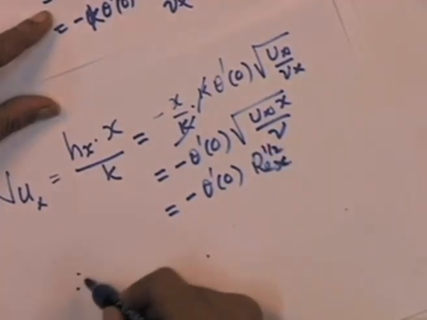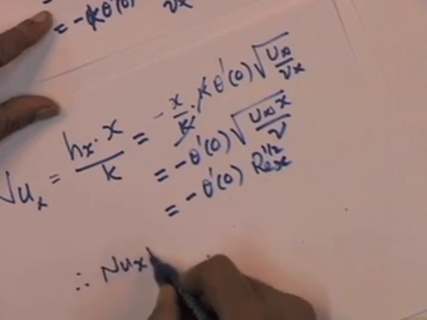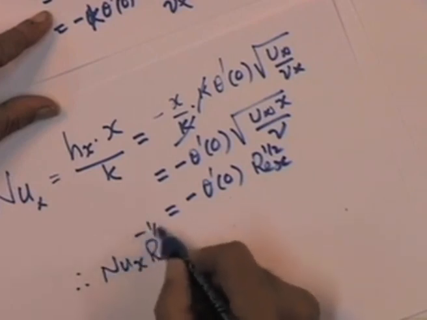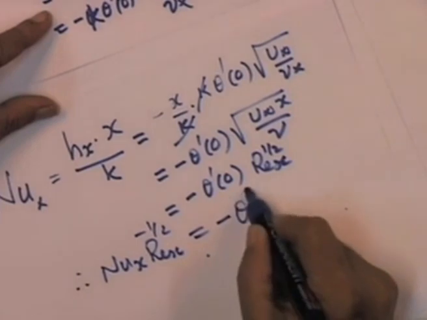And therefore, I can say that Nu x Rex to the power minus half is equal to minus theta prime 0.